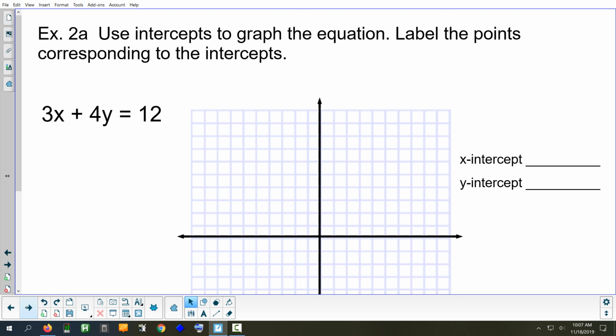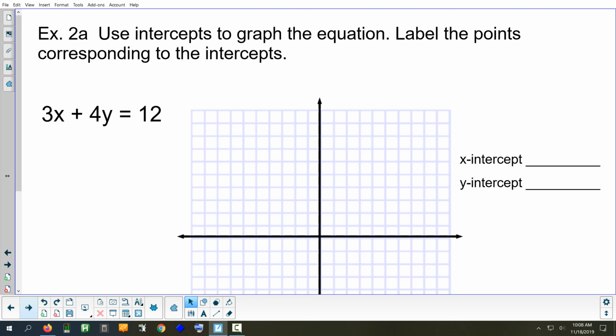Because if it's special, we're going to do it differently. It's because there are two variables. There are 2 letters. It's not x equals a number. It's not y equals a number. There's an x and a y. So this is going to slant.